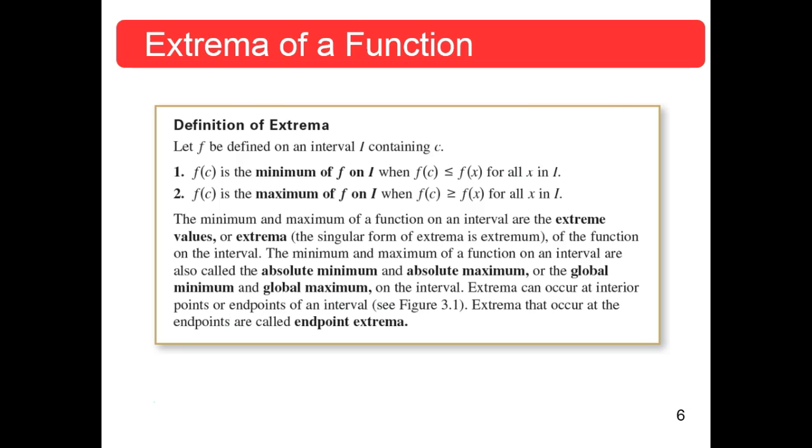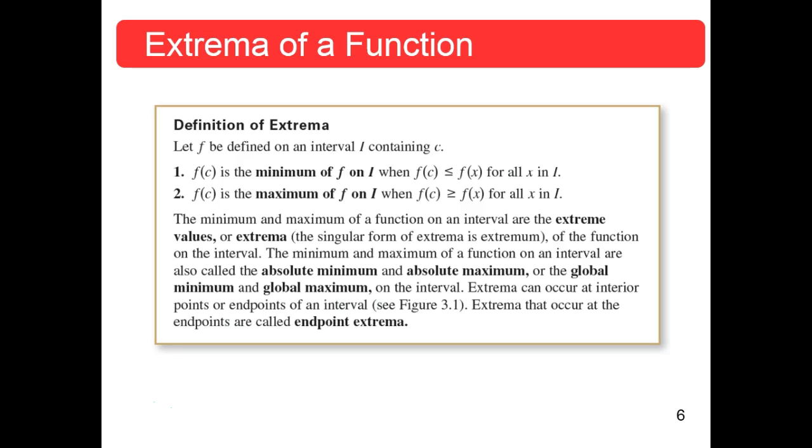Okay? So here's the definitions of extrema. Let F be defined on some interval containing some point C. So F is some function defined in some interval that contains this point C. That means F is defined everywhere there. There's no places where it's not defined. Now, F of C, C is on that interval, so F of C is the defined quantity.